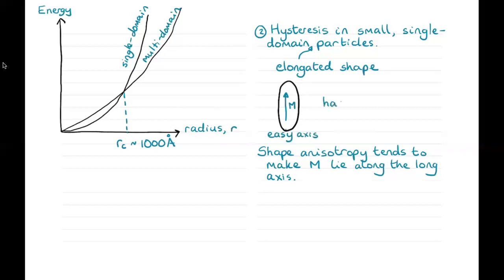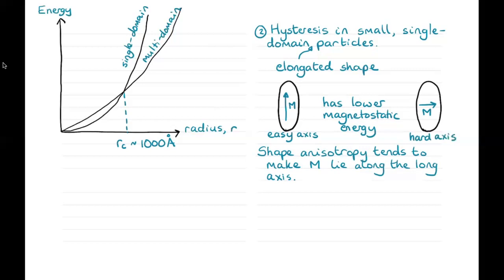because this configuration has a lower magnetostatic energy than the magnetization oriented along the short axis of the particle, which is therefore called the hard axis. You can see this naively if we just draw north and south poles associated with the magnetization.